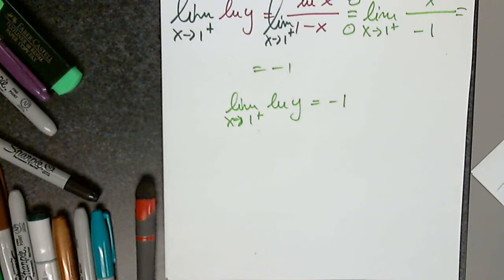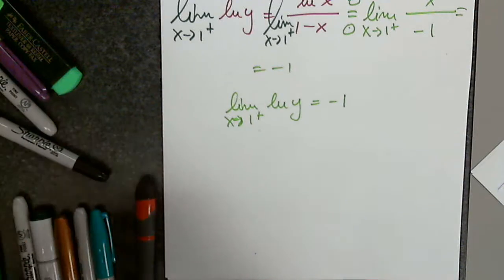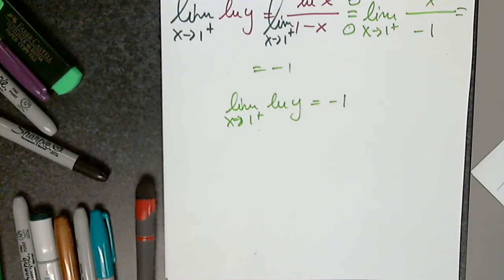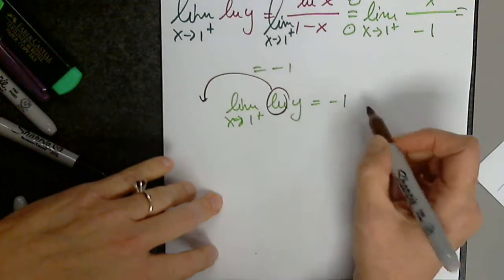What will be our next step? We already talked about it, but just say it to me again, please. Anyone? Yes, swap the operators. So I can put natural log in front of the limit. Because these functions are continuous. That's the condition. And I can do this.